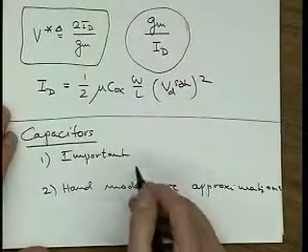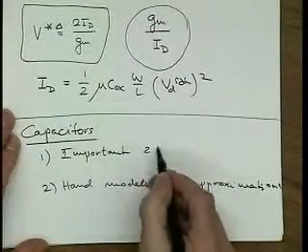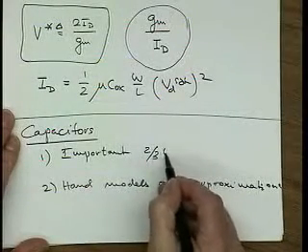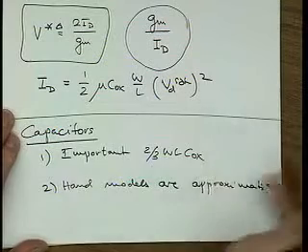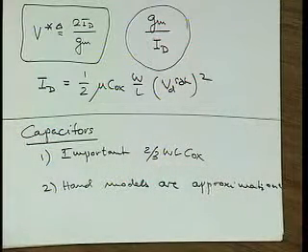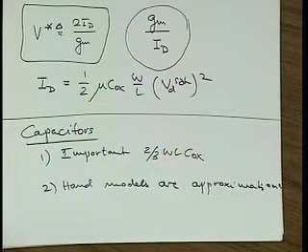I mean, certainly what is important is like this 2/3 W L Cox, right? That kind of equation, and you're going to estimate CGS using this equation. Likewise, it's important to realize that, especially in deep submicron technology, the junction capacitors are often very significant. So don't leave them out.